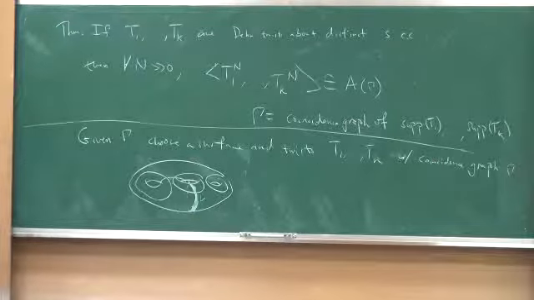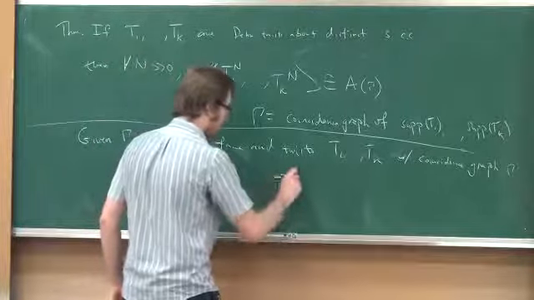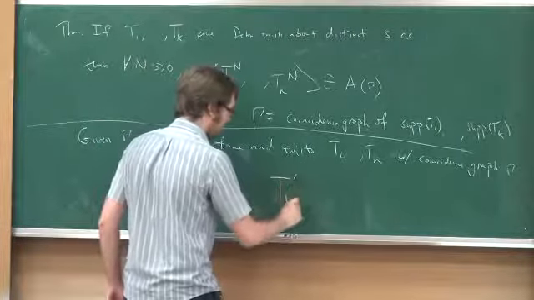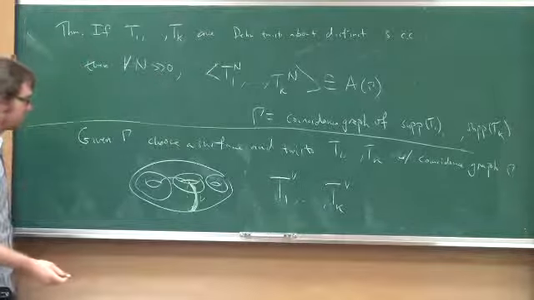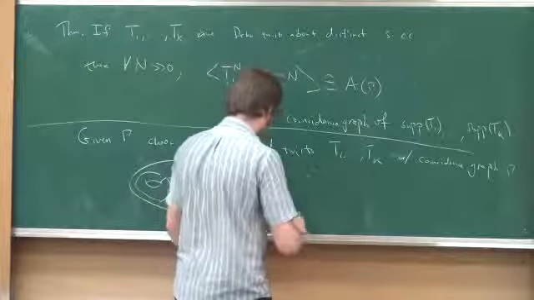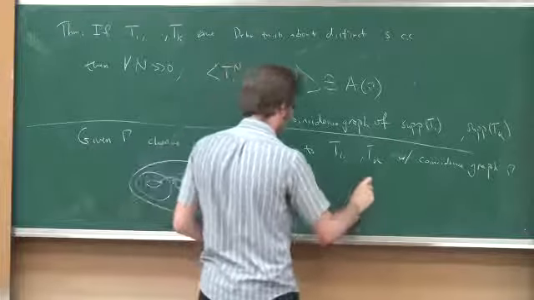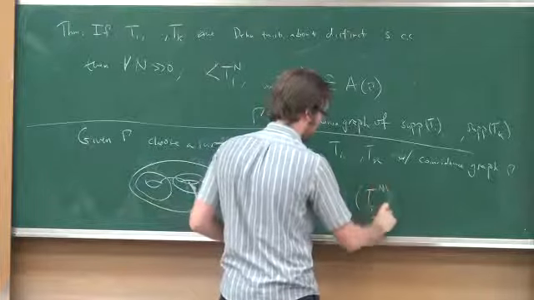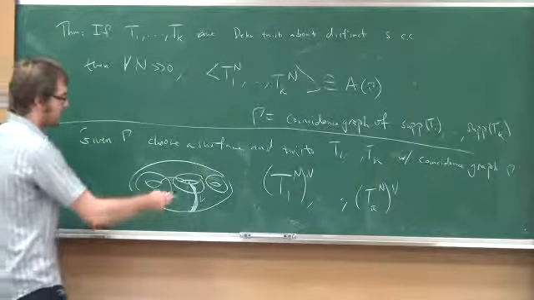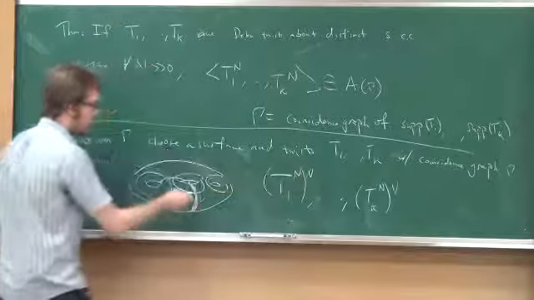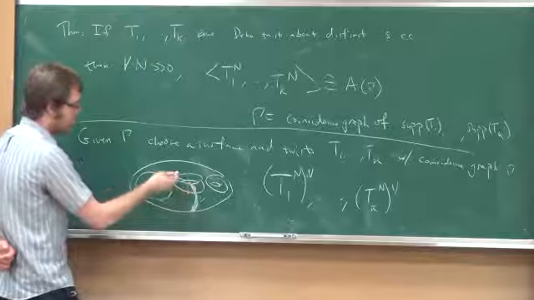And now, what's the result of conjugating T1 by V all the way to Tk by V, or even doing T1 to the n conjugated by V all the way to Tk to the n conjugated by V? Not that it matters which we do first. Well, conjugating by V is the same as applying a high power of the Dehn twist about this curve to the support.